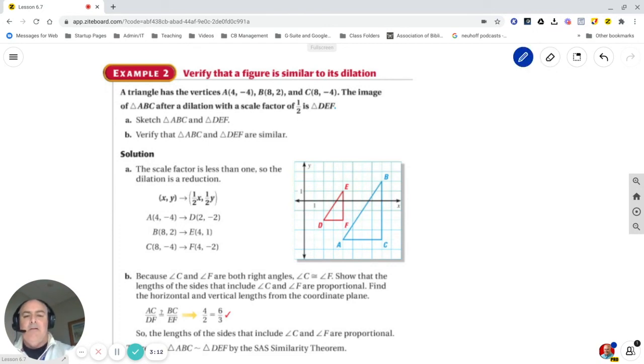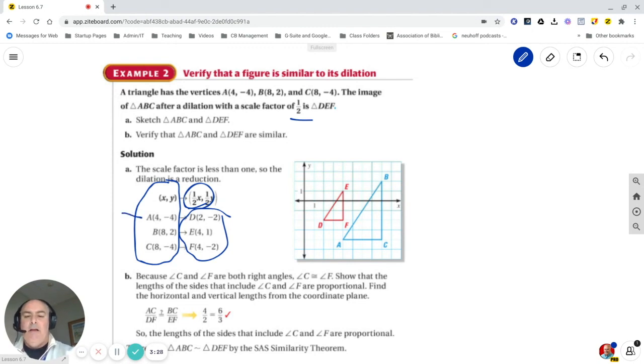My scale factor is less than 1, but I take the exact same approach as before. I begin with the coordinate points of my initial figure, apply my scale factor to each, and come up with a new set of coordinates.